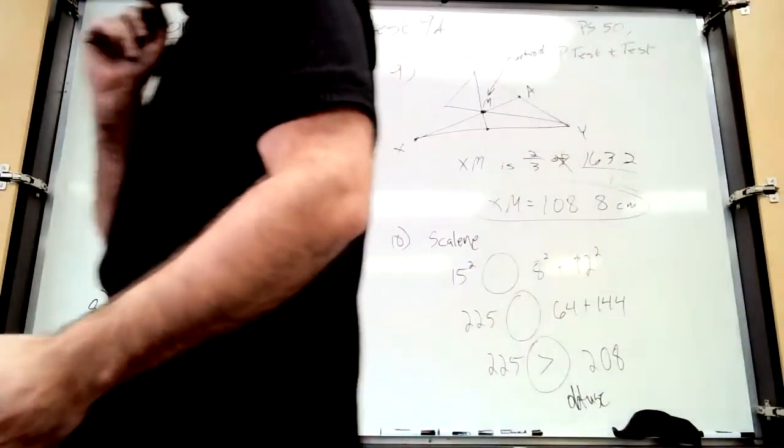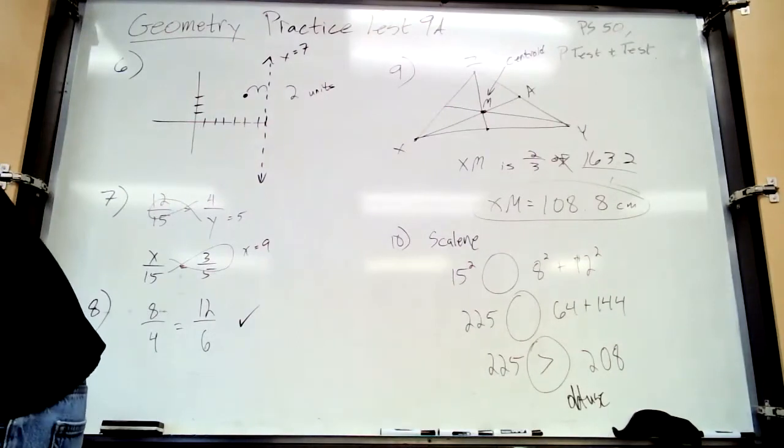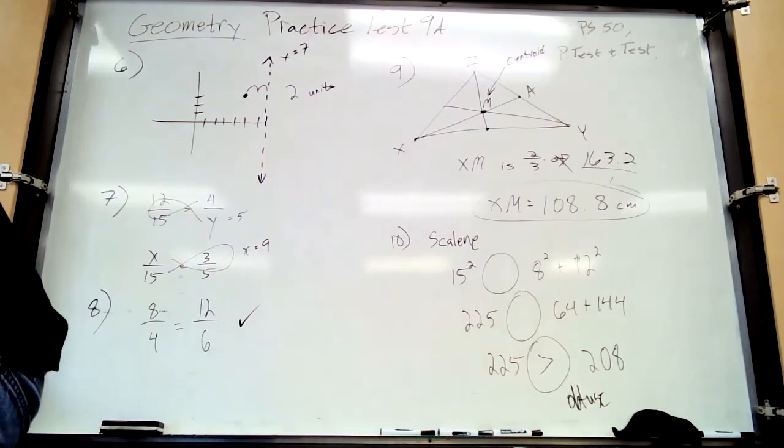So if c squared is bigger than a squared plus b squared, then it's obtuse. If it's smaller, then it is acute. Okay?